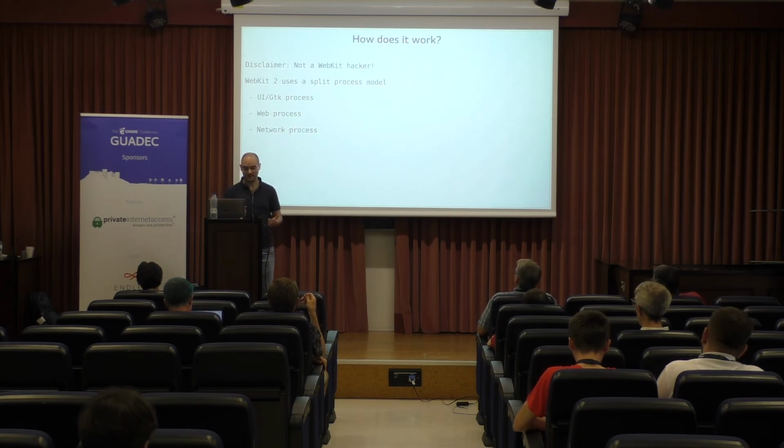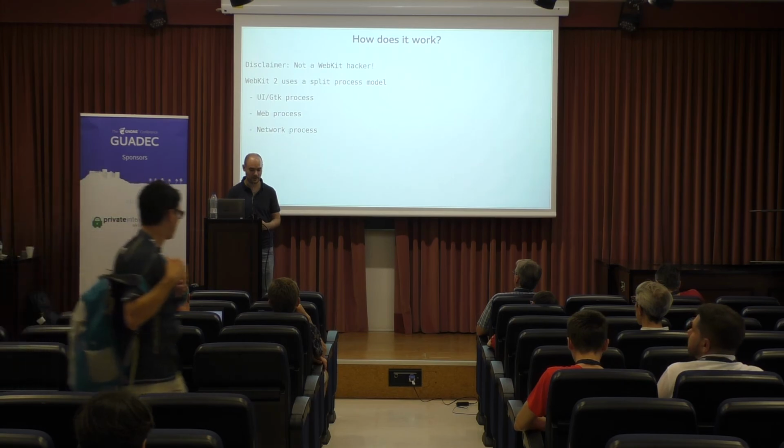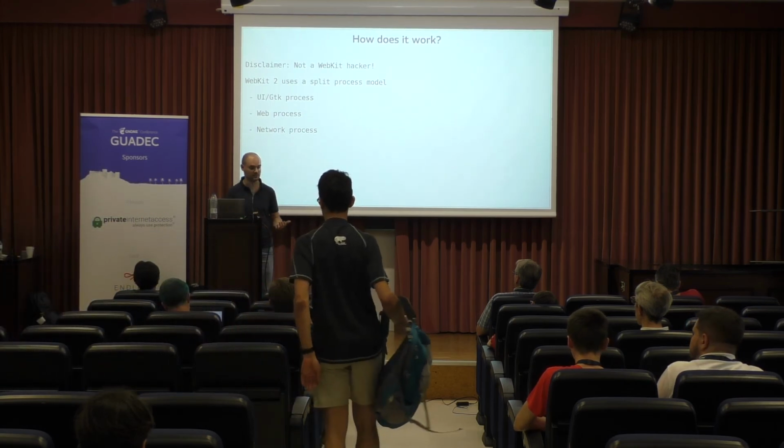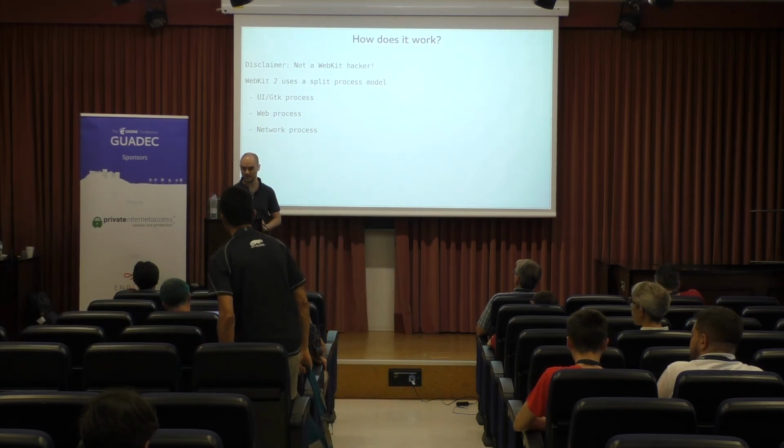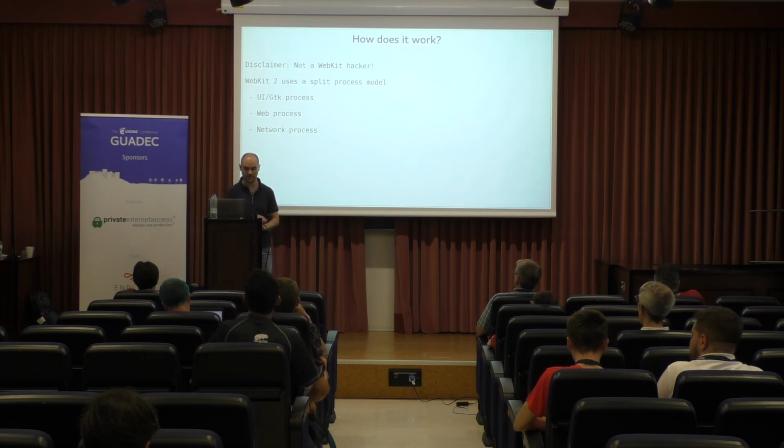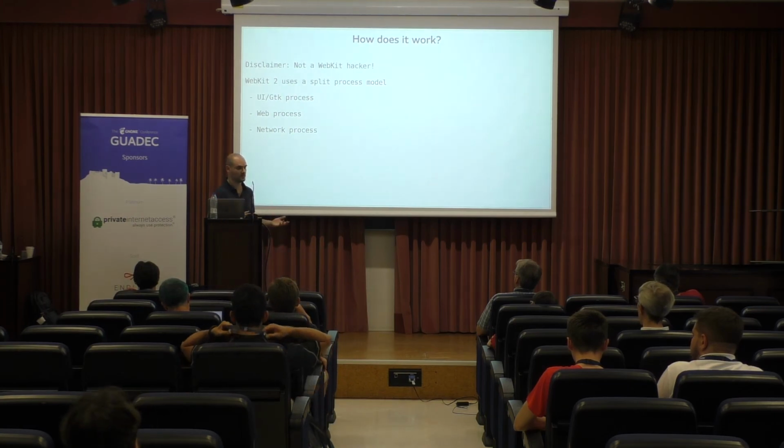Okay, so how does it work? First of all, I want to say I'm not a WebKit hacker. I have no knowledge of the internals. So what I wanted to do was basically try to implement this idea I had using only public API. One of the biggest problems, and why I think it's difficult to embed a GTK widget in WebKit, is because WebKit 2 uses a split process model.